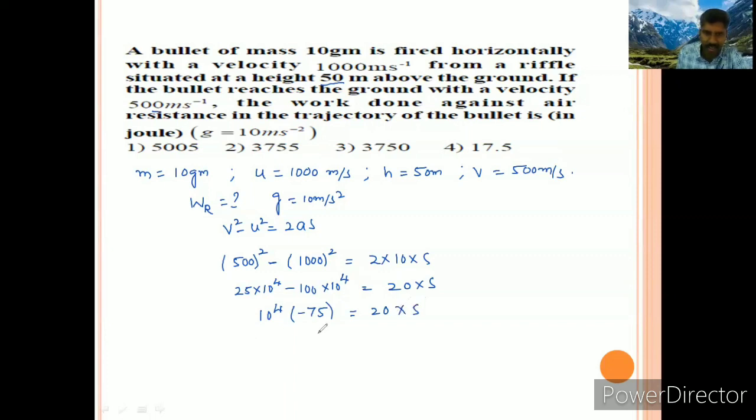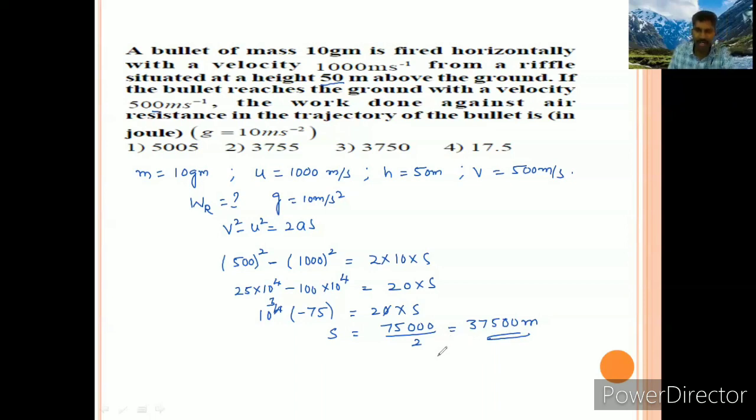So 10 will cancel; 3 only is there. Now s is equal to 3 into 10 cube by 2. So how much can we get here? 3750 meters is the distance we got.